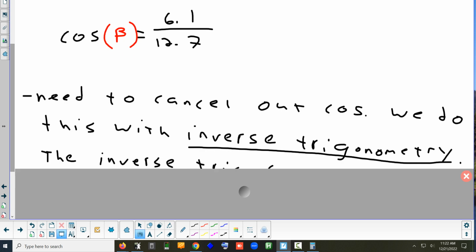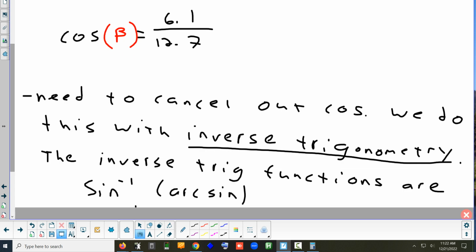The inverse trig functions all have the symbol on the calculator with a -1 up a little bit higher. That -1 is not an exponent. The -1 is just a symbol that means inverse. So whether you had to cancel out sine, cosine, or tangent, you use inverse trig.